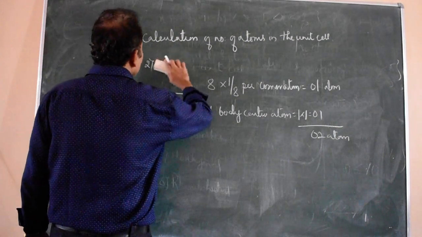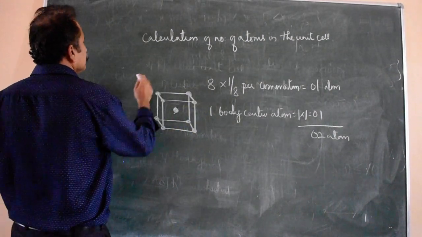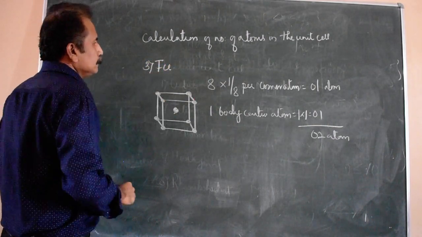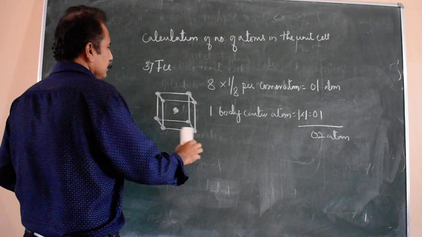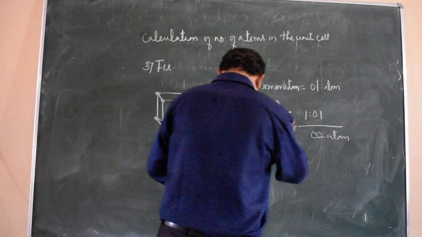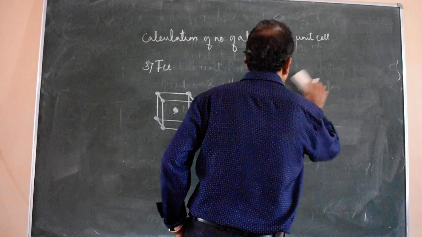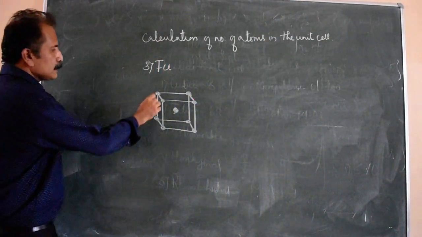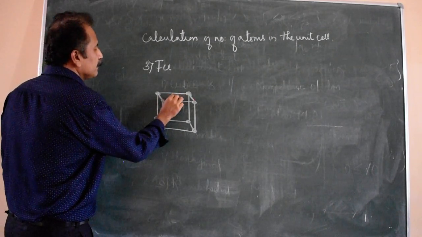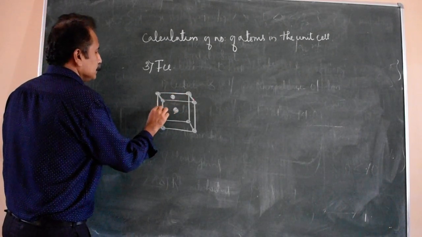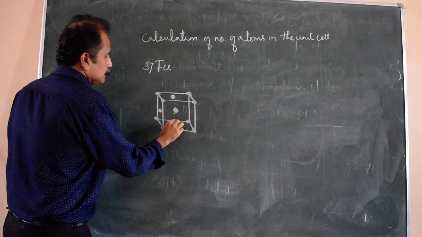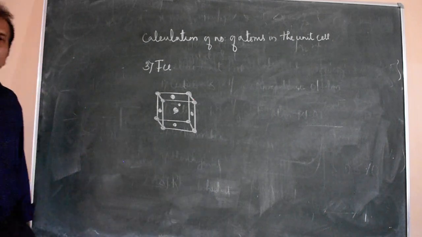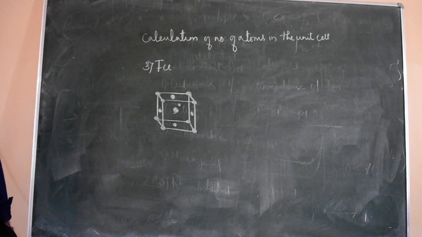Then comes the FCC further. If you take the FCC, there are 8 particles at the corners and 1 on each face.